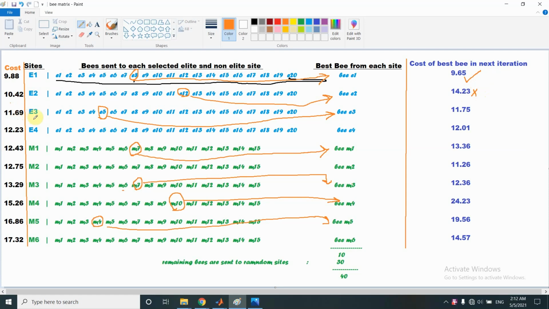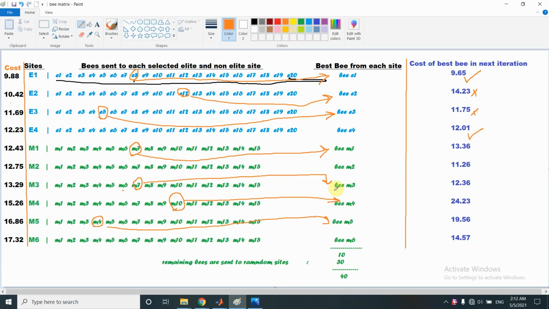Similarly, for site E3, we have the previous value as 11.69 and the current value as 11.75. So this also would not be updated. But for site E4, the previous value is 12.23 but the current value is 12.01. So we will update this.